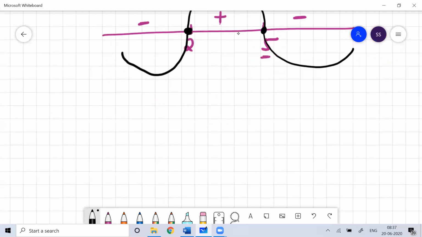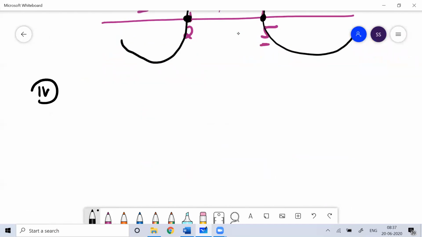Fine. Now see the fourth question. Suppose I ask you this question: x into x minus 5 is greater than or equal to 6. Now you can see the RHS here is not equal to 0. So when we use critical point determination, we try to make sure our RHS would be 0.